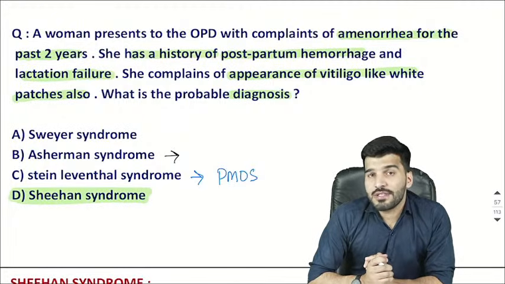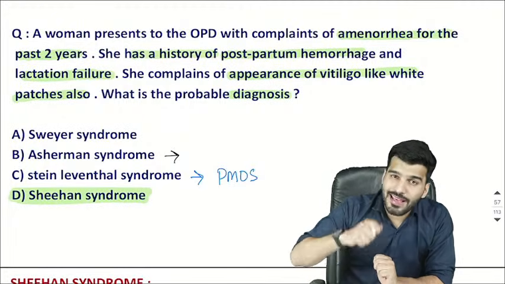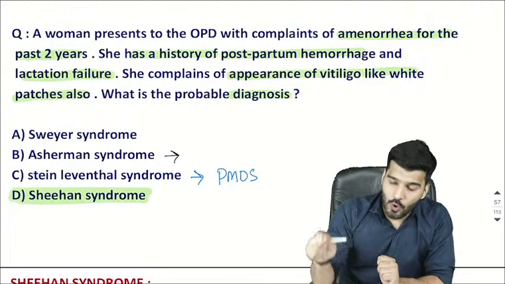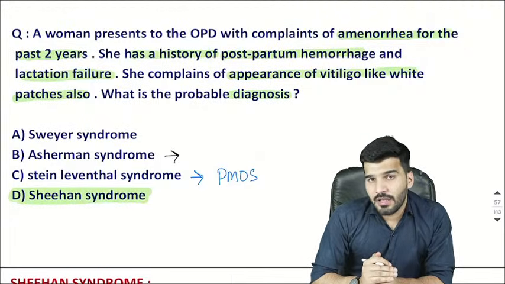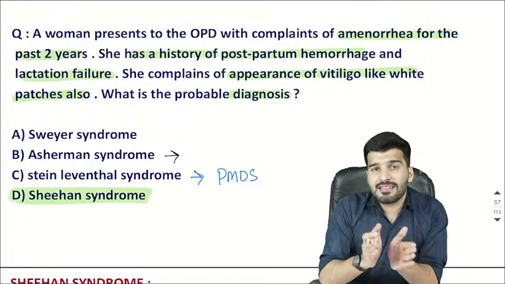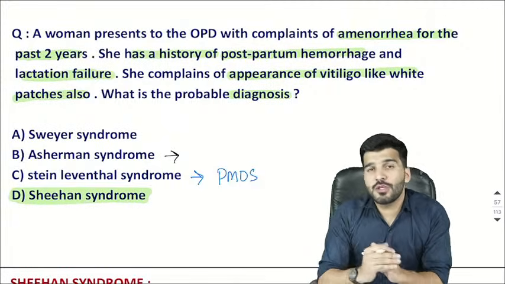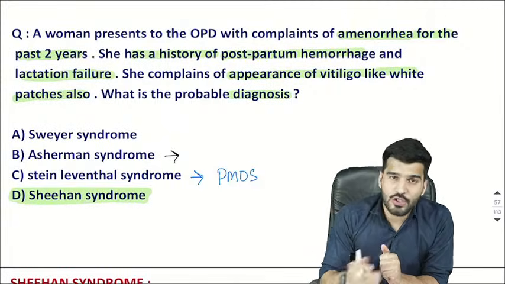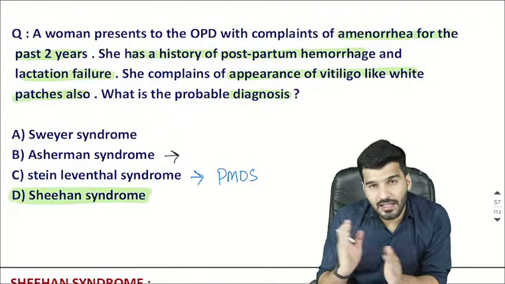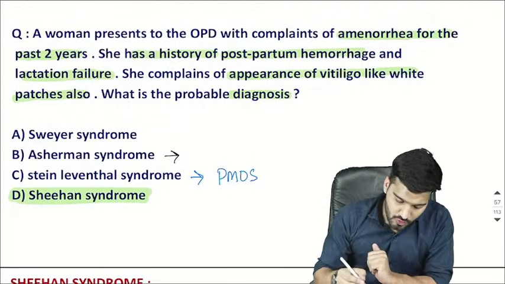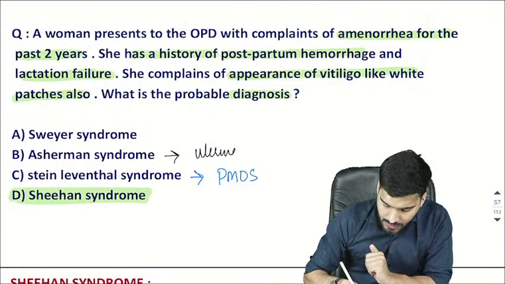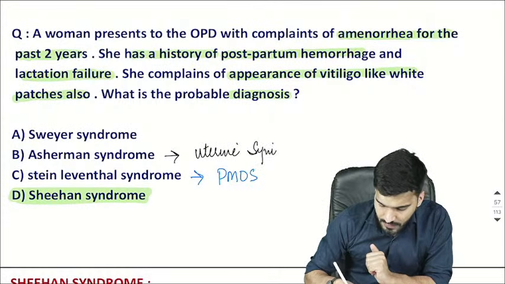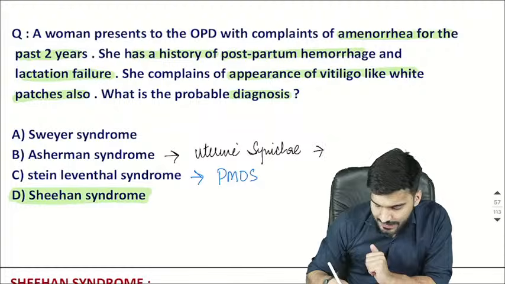When you do excessive curettage over the uterus, there will be scar formation, and that scar formation will predispose to the formation of adhesions, and those adhesions we call synechiae. That's why this syndrome is also called uterine synechiae.